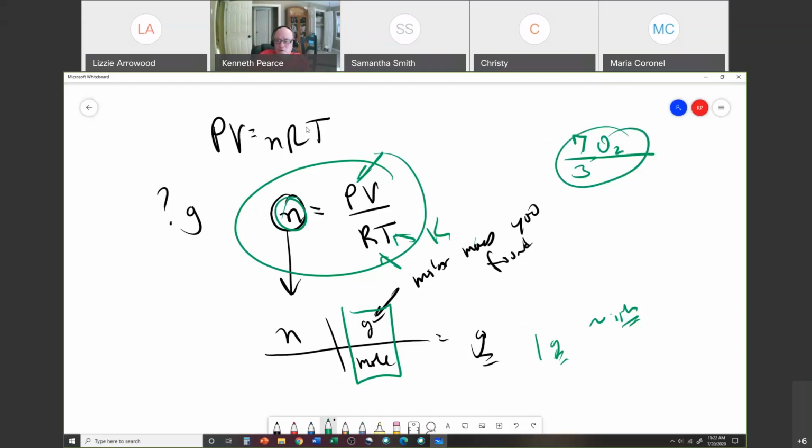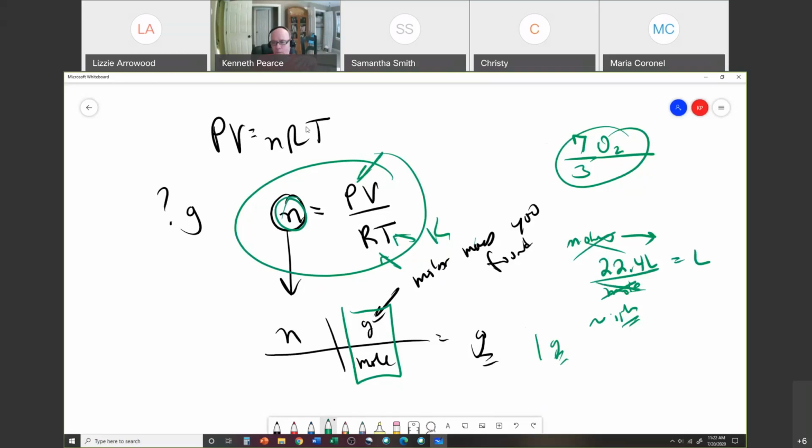What people tend to leave off on that problem is the mole ratio. You have to have the balanced equation to get your mole ratio. Once you get the mole ratio, you need to calculate the number of moles. Since it's assumed at STP, it's 22.4 liters per mole. So once you get the moles, moles cancel, you end up with the liters.